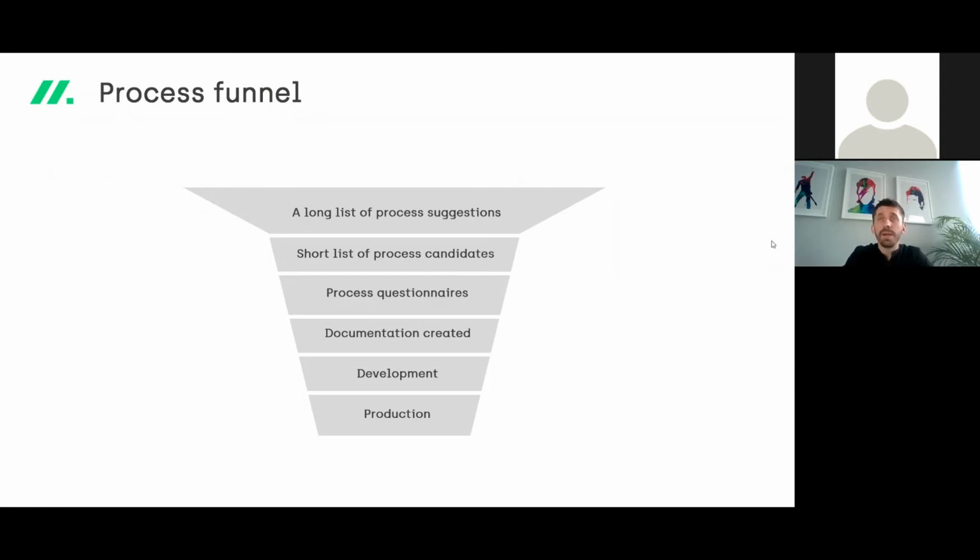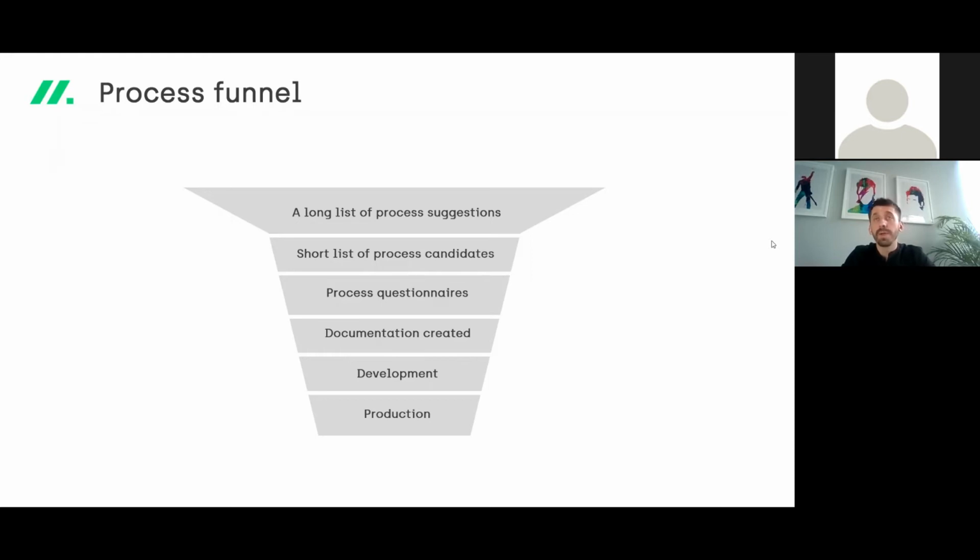So after these steps, we should have a short list of processes, but those processes should be already good candidates for the robotization. Then we are working on the documentation for each process, for example, PDD documentation, which is process design document.